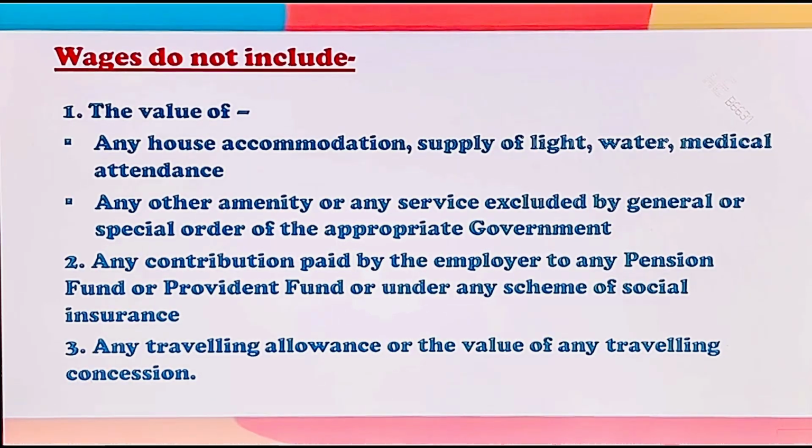So any other amenity or any service excluded by general or special order of the appropriate government, any contribution paid by the employer to any pension fund or provident fund or insurance, ये भी wages में include नहीं होगा. Any traveling allowance or value of any traveling concession, ये भी include नहीं होगा wages में.